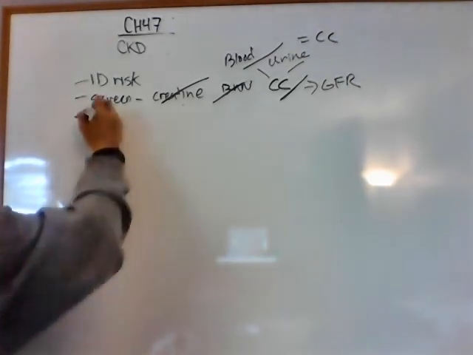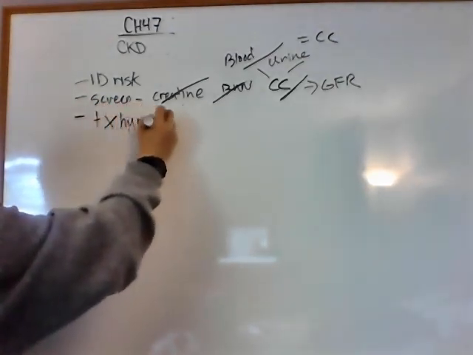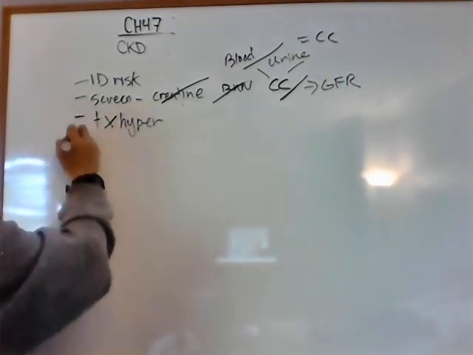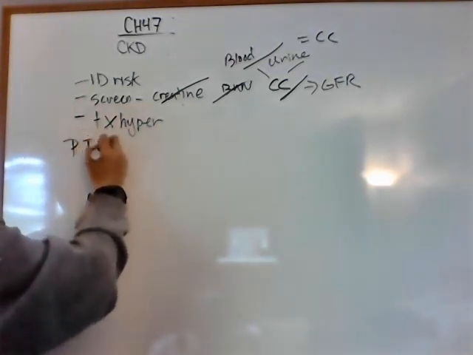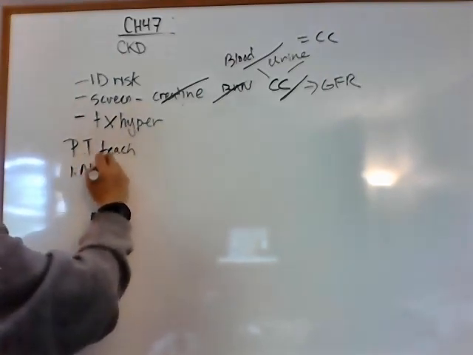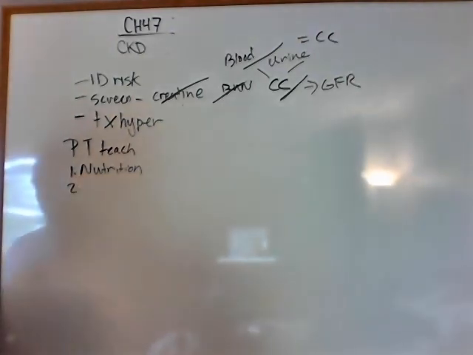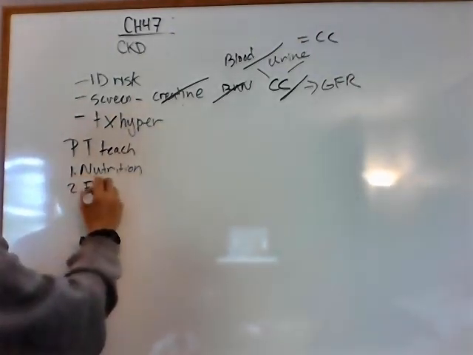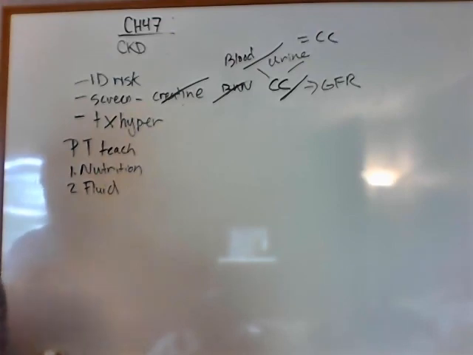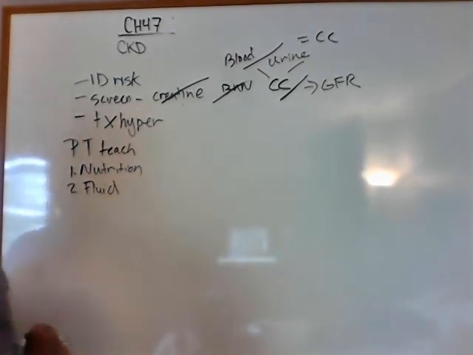What else? We want to treat the hypertension if they have that, or the diabetes. We also want to teach our patients nutrition. Nutrition, again, is patient dependent. They need to know their levels and what they're low or high in to make sure that we're recommending the right thing. Make sure that they have enough fluid but not too much fluid, and are not creating fluid overload or hypovolemia.